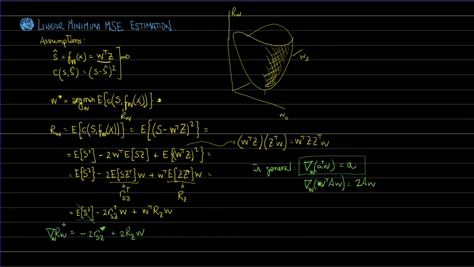And for the optimal parameter, this should be equal to 0, and then W star must be equal to R_Z to the minus 1 times R_SZ, which is the solution.